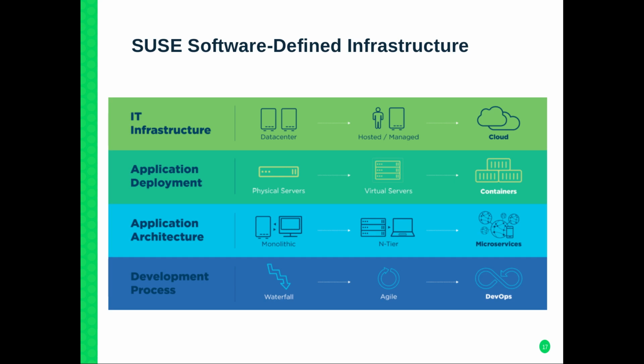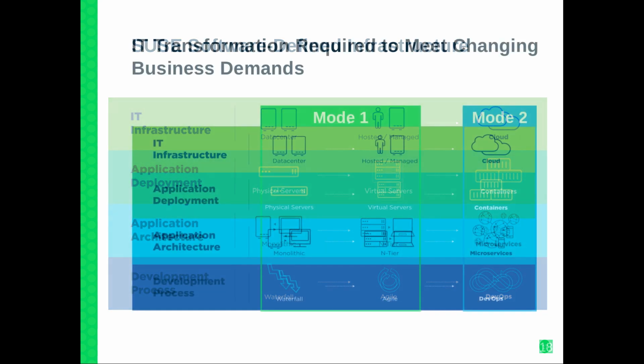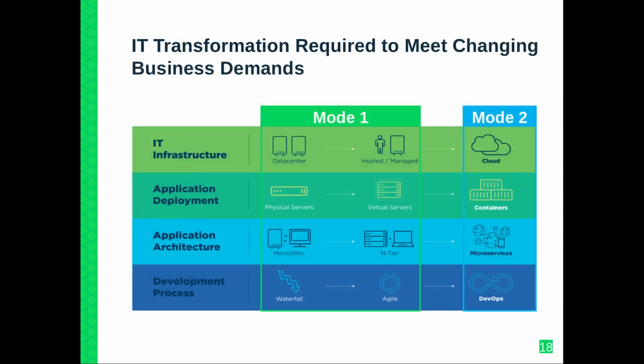So if we look at this picture here, we could take it and cut it up as is done here, so that we have Mode 1 where we have a traditional data center. We may even have a hosted and managed implementation, and that still fits within Mode 1. We have physical servers and even virtual servers that can sit inside of Mode 1.